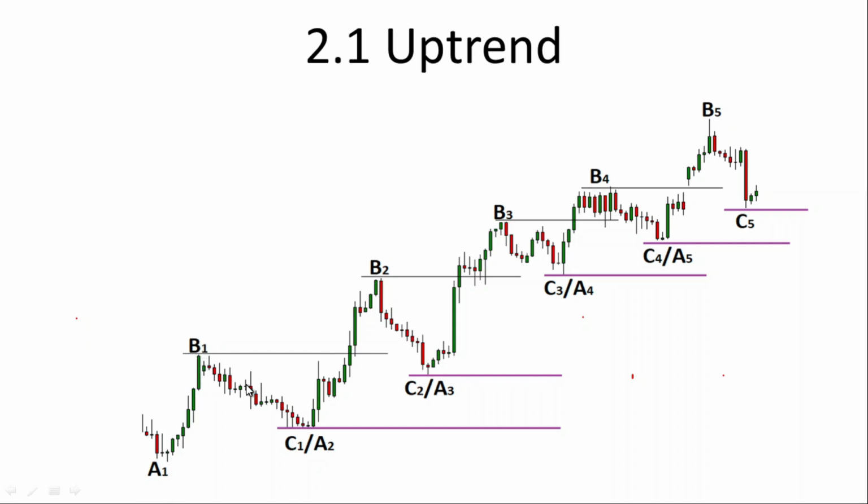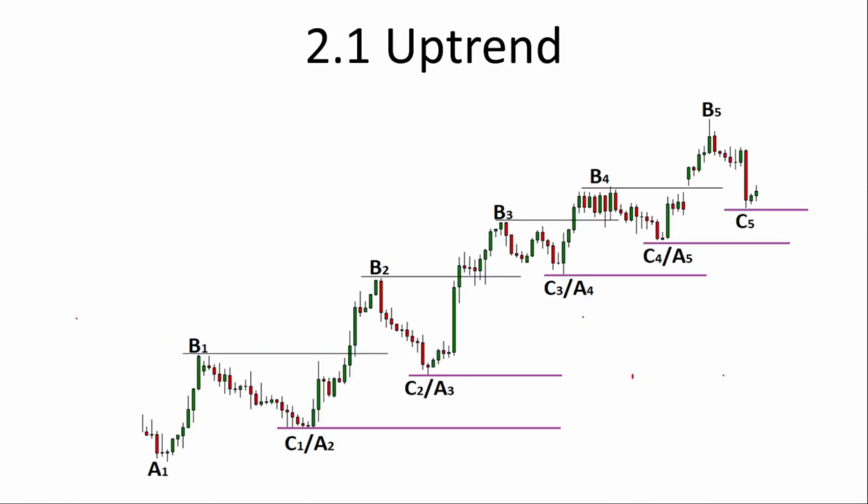But what you then find out is that the following A2 to B2 move will not respect the initial level of resistance that was set at B1, but will create a new one at B2. So this is what I mean. You will find that this AB move set this resistance, and then there was a retracement.